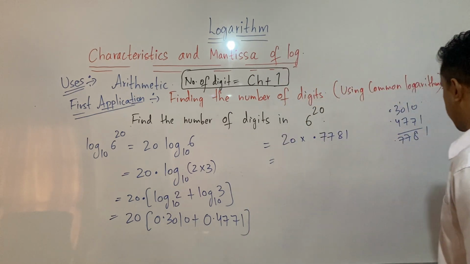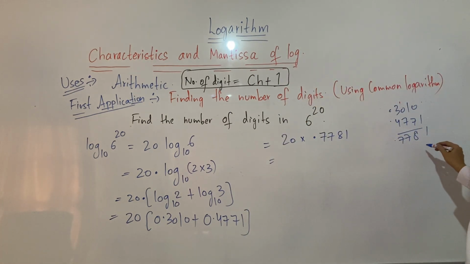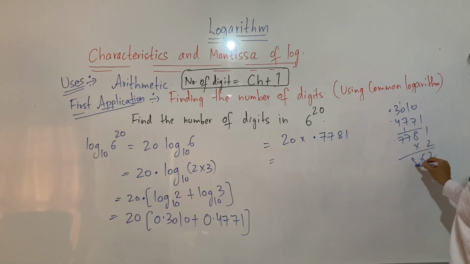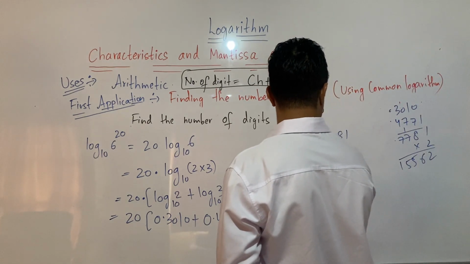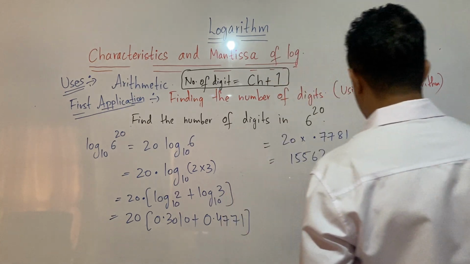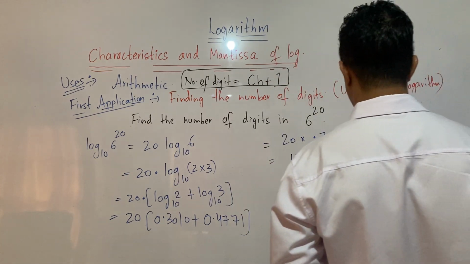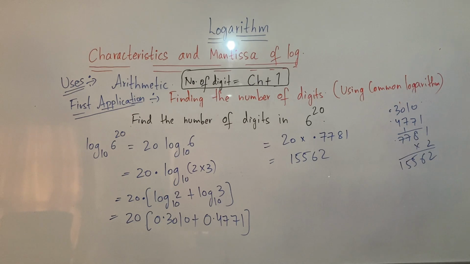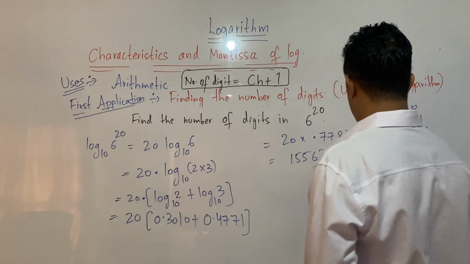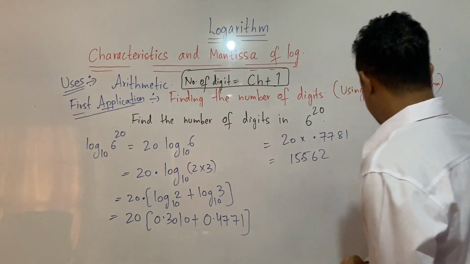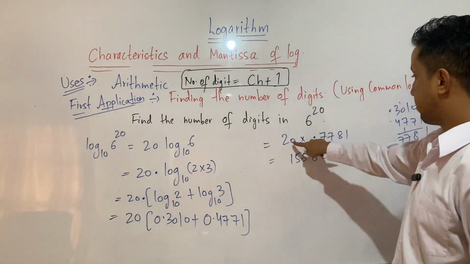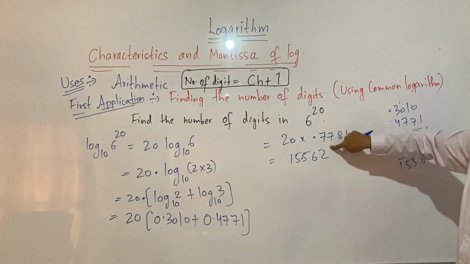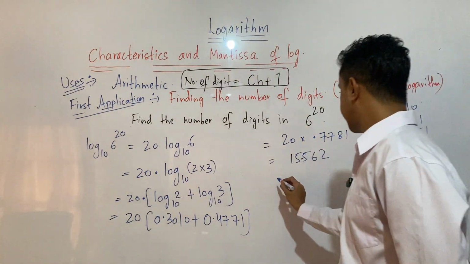If you multiply by 20, it's going to be 15.562, because the zero cancels in the denominator.